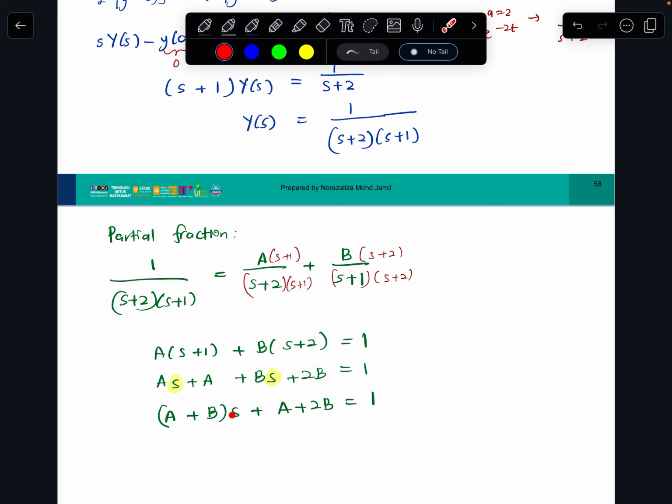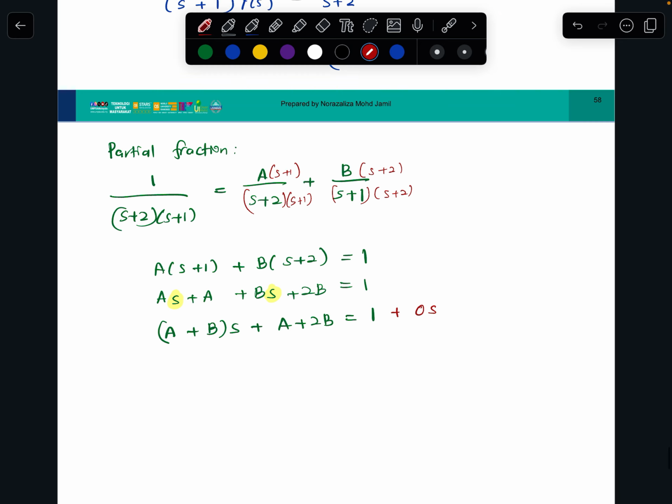On the left you have s, but on the right you don't have s, meaning that it is actually plus 0s. So now you can write a plus b equal to 0 because there is no s on the right. And then a plus 2b, the remaining term, equal to the number, so it is equal to 1.